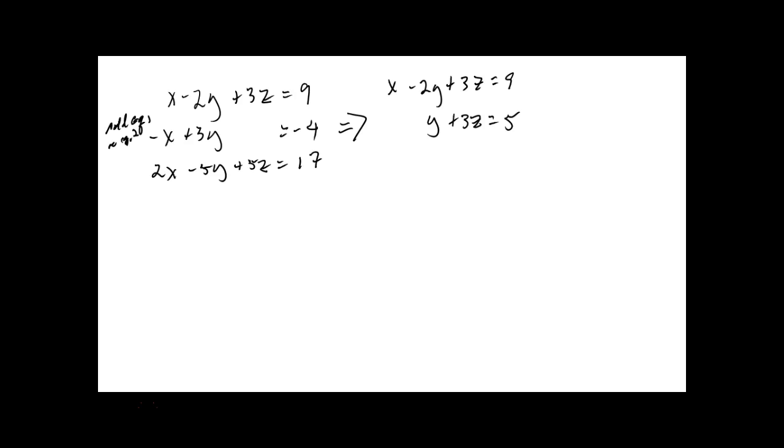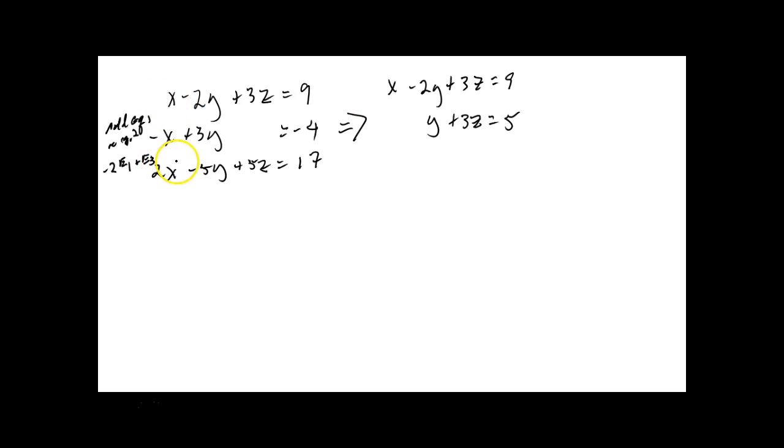A number I can multiply the first by, add it to this one, and eliminate the x. Negative 2. So that's exactly what I'm going to do. Now I'm going to abbreviate even more: minus 2 E1, that's equation 1, plus E3, that's equation 3.